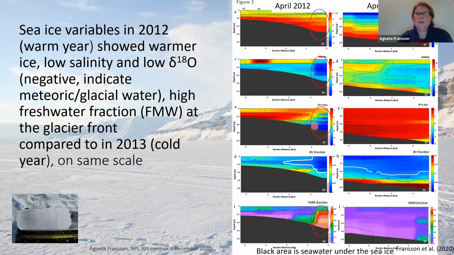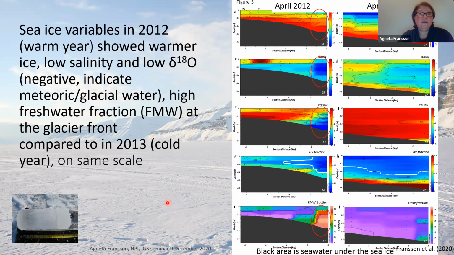You also have negative values of O18, this blue here, which is not observed in 2013, where we have this really mixed layer. This sea ice probably consists only of seawater, but that's something we will have to look into. We also have freshwater fraction, which was higher in 2012 in the inner part of the fjord, which we couldn't see in 2013 to the same extent.